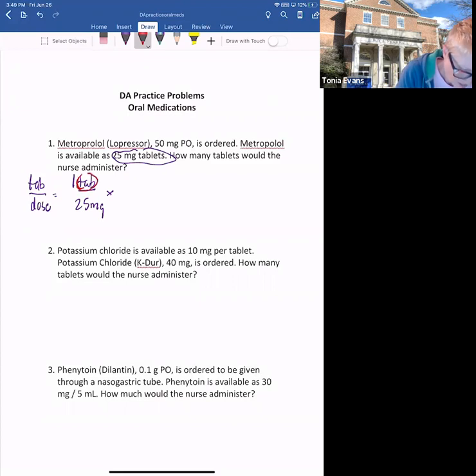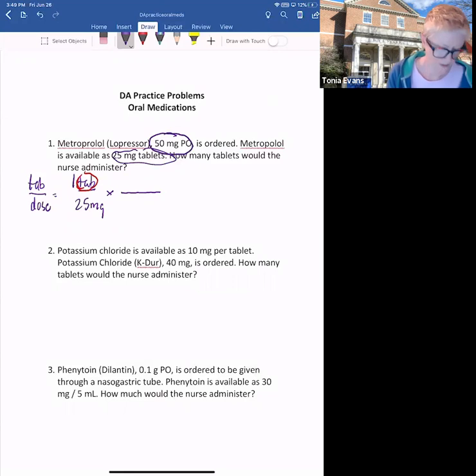Got tabs. And now I need to cancel out that milligrams, because milligrams isn't going to be in my answer, right? Because milligrams is in my denominator, I need milligrams in my numerator in order to cancel it out. And so the next thing I know is what my ordered dose is.